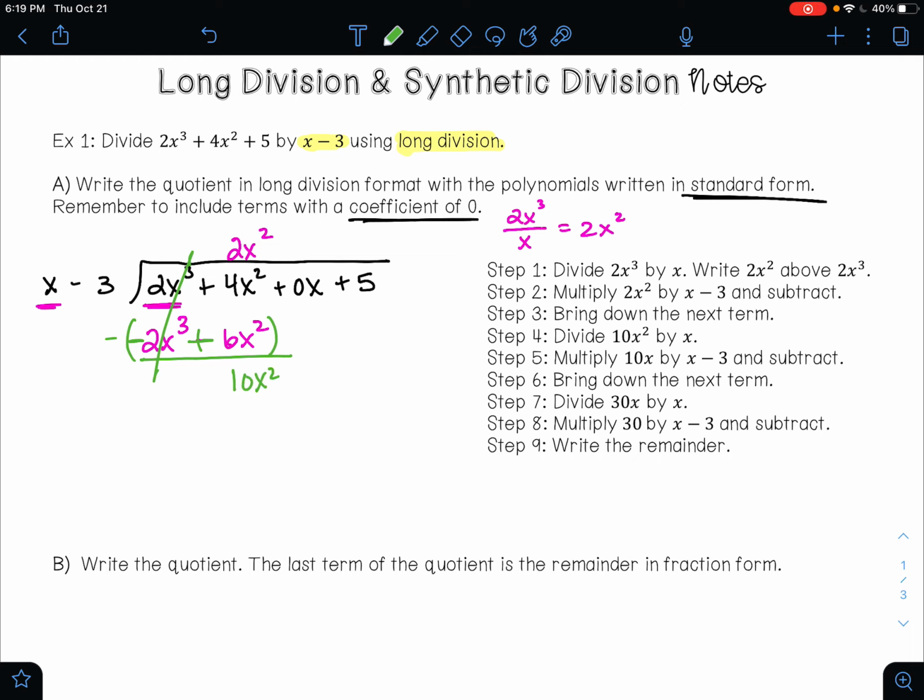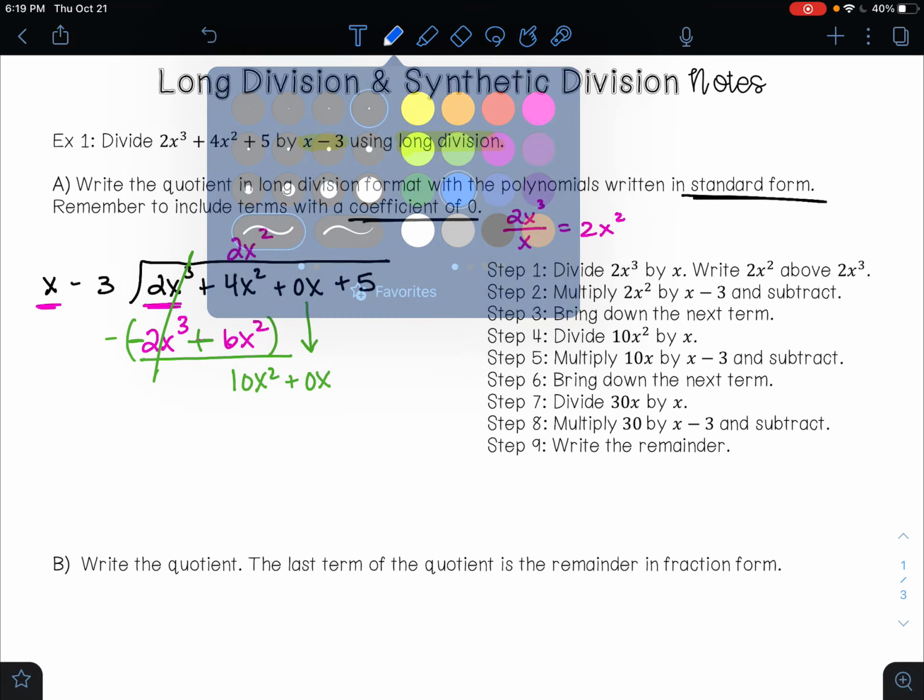Now I want to start this process again, but before I do that, I need to bring down the next term. So I'm going to bring down that 0x. Now we're going to start that process over again.